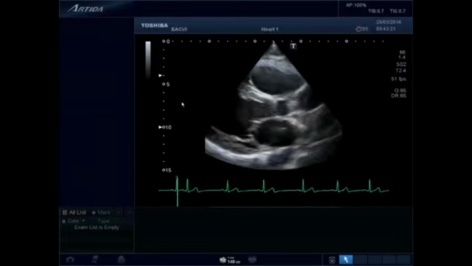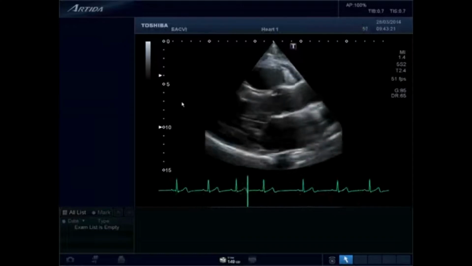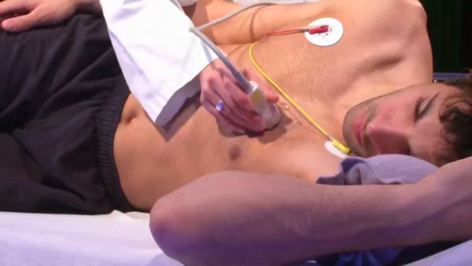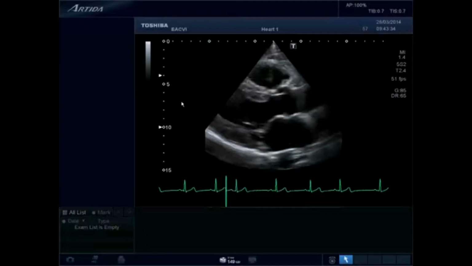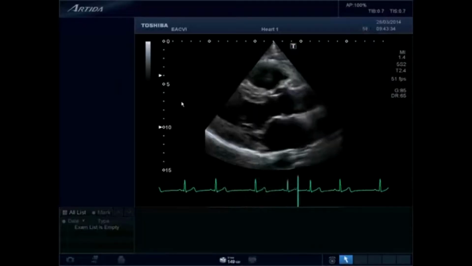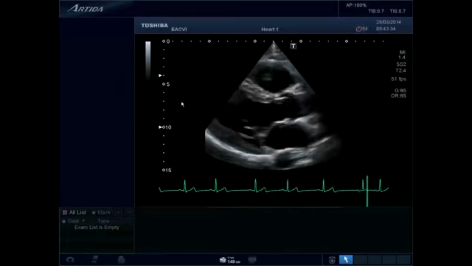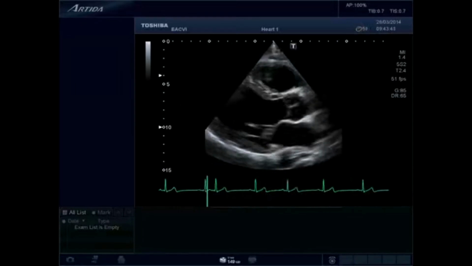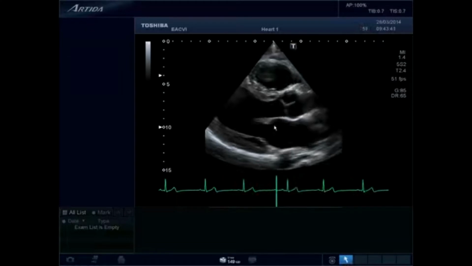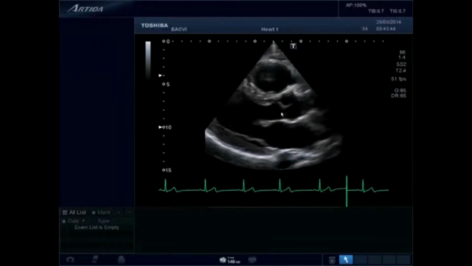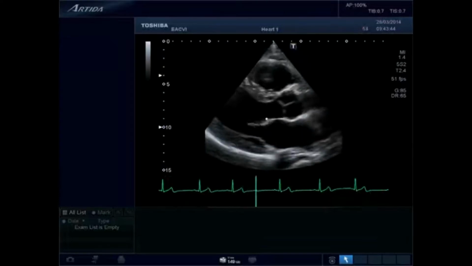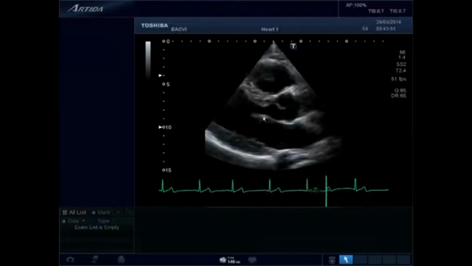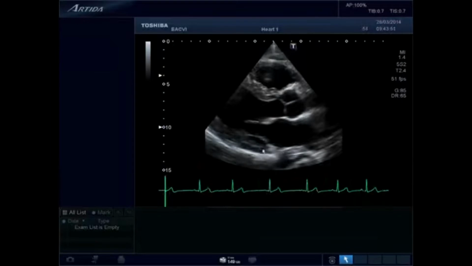Then I will focus my view. I will be a little bit down here in order to focus my view on the left ventricle and on the mitral valve. So when I'm here, I'm able to see the aortic valve, but also the left atrium, the mitral leaflets with the anterior leaflet and the posterior leaflet.